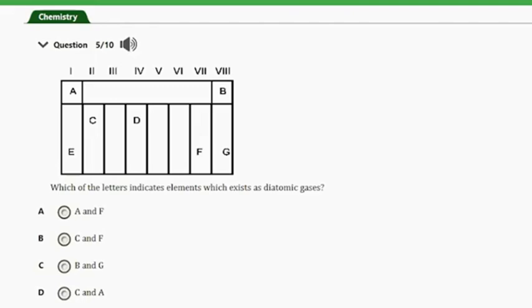And guys, the group 1 element here, hydrogen, which is A, and the group 7 element F here actually exist as diatomic gases. So that's the answer to this question, and that's option A.